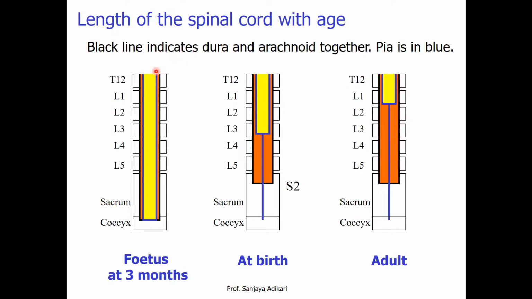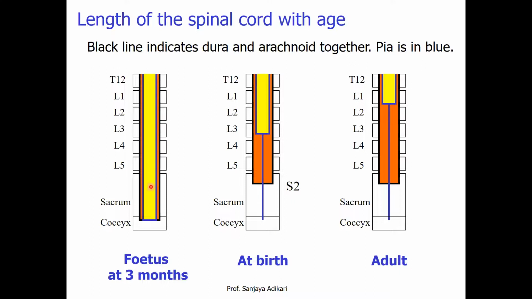Blue line is the pia mater. Since arachnoid mater is also represented by the black line, this orange line is not a line, actually it's a space, the subarachnoid space between the pia mater and arachnoid mater.